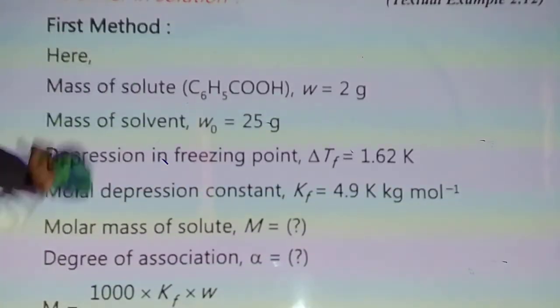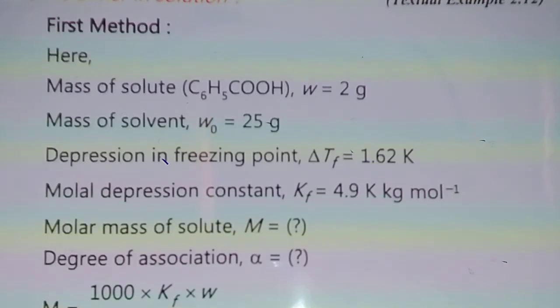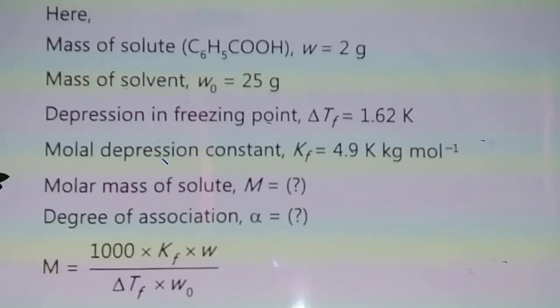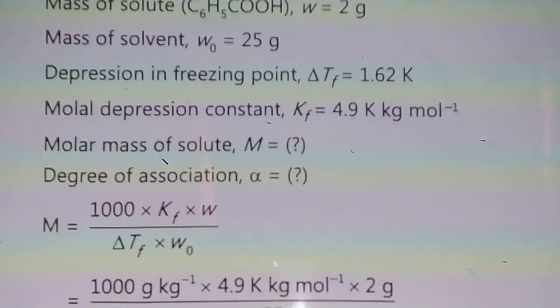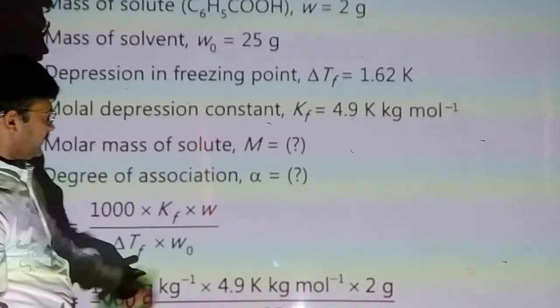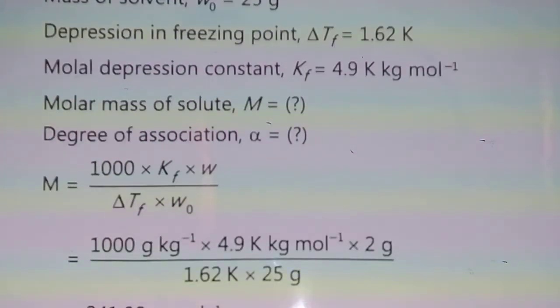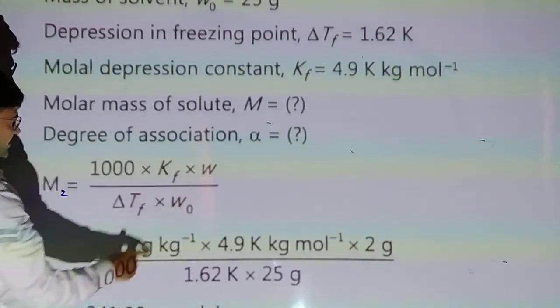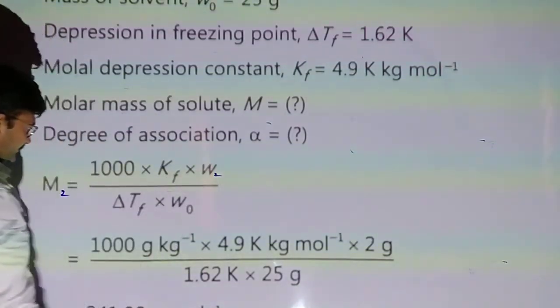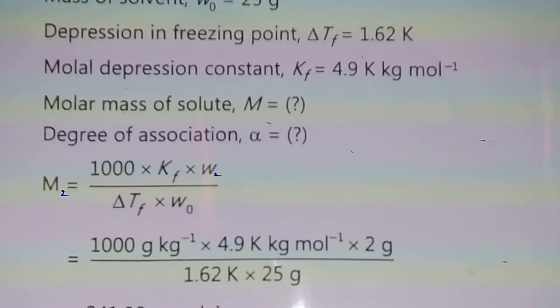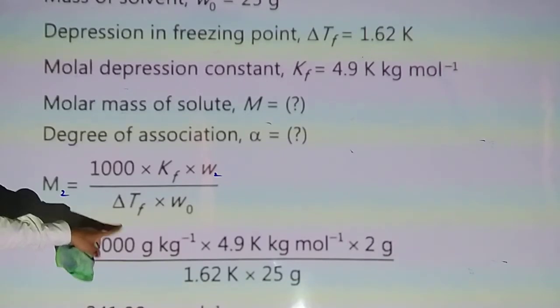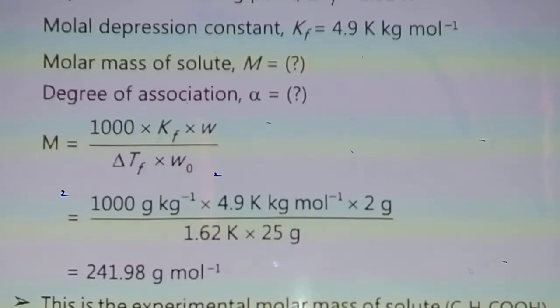For the dimer, first method: mass of solute 2 gram, mass of solvent 25, delta TF 1.62. Molar mass of solute is unknown. How much is the degree of association? First we have to derive the molecular mass of the solute: 1000 into Kf into W, mass of solute, upon delta TF into W0. 1000 into 4.92 into 2 gram solute, depression in freezing point 1.62, 25 solvent.